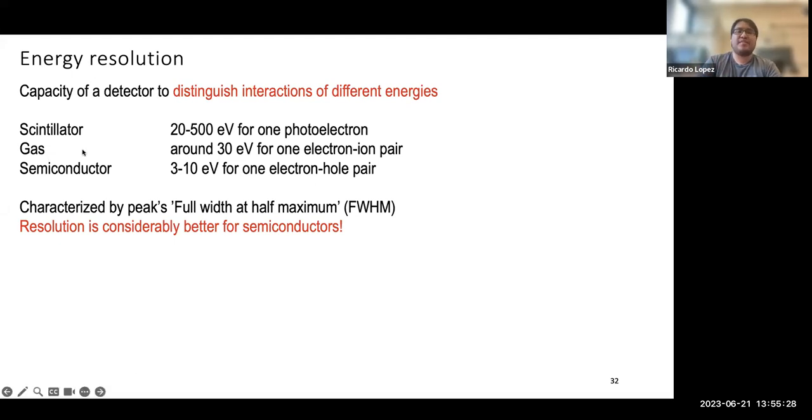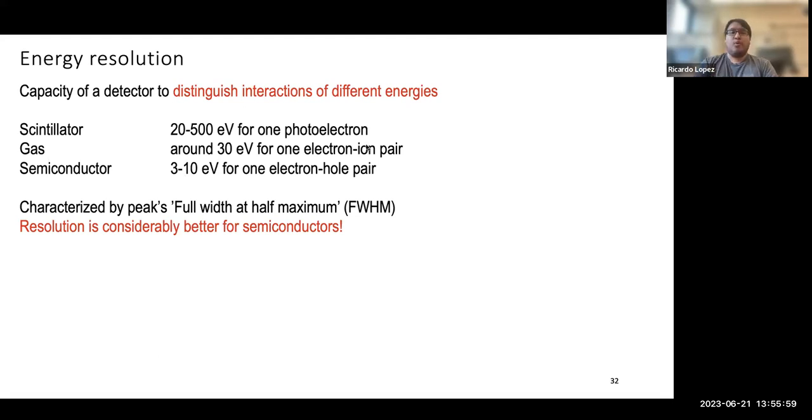What I mean by this is with a scintillator, you have photons, which then are converted to photoelectrons. And as a general rule of thumb, anywhere from 20 to 50 electron volts are needed to make one photoelectron. With gas, you only need 30 electron volts to make one electron ion pair. And with a semiconductor, it's an order of magnitude better, where you really only need 3 to 10 electron volts to create one electron hole pair.